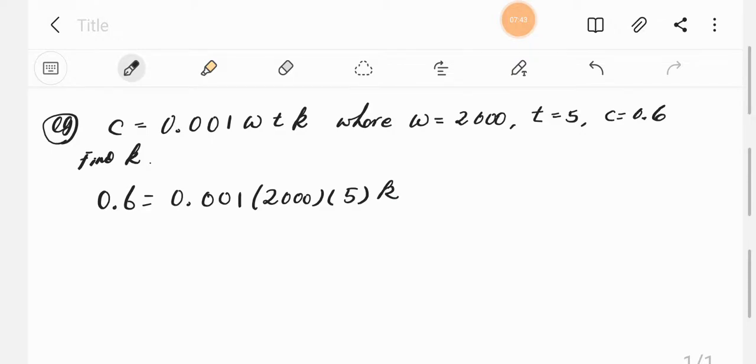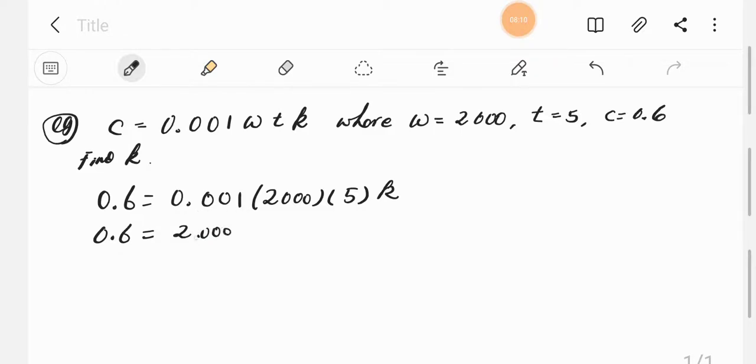All right, then let's solve this. Which one is better? Let's multiply the right side first. So 0.001 times 2000: once you multiply this, it will become 2000, but since there are 3 decimal places, make 2000 have 3 decimal places.